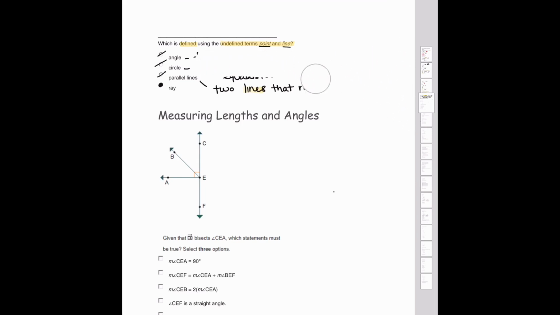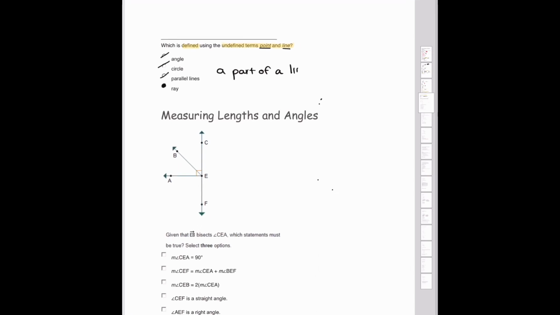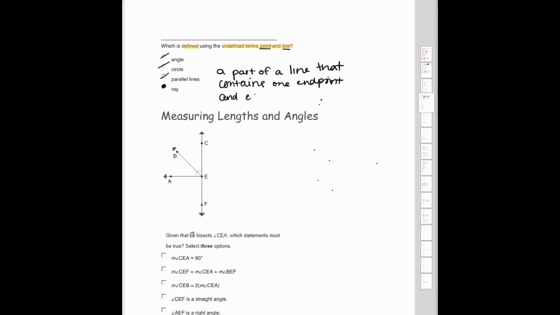A ray is defined as a part of a line that contains one endpoint and extends infinitely in one direction.